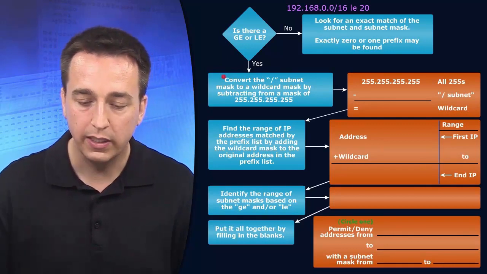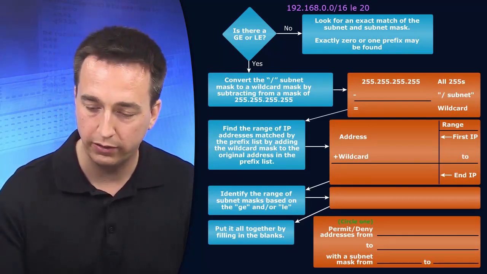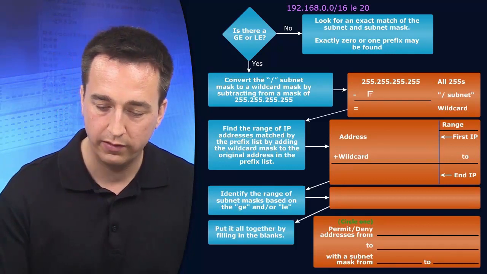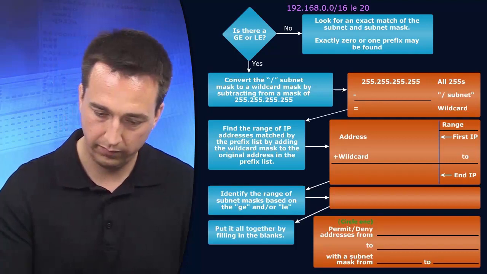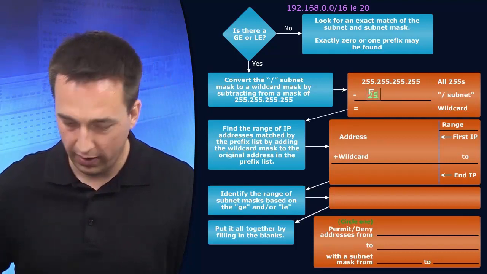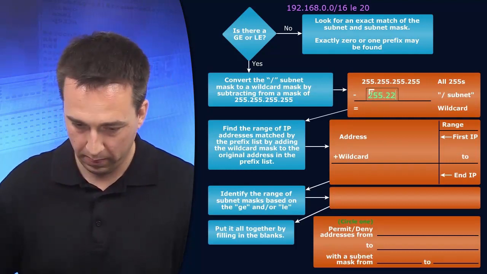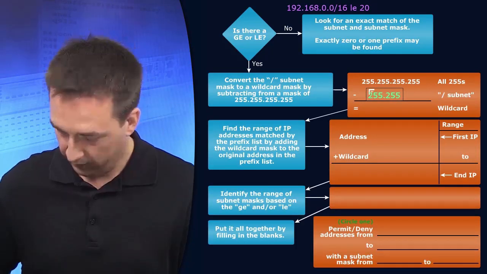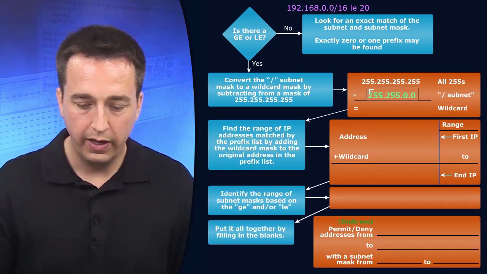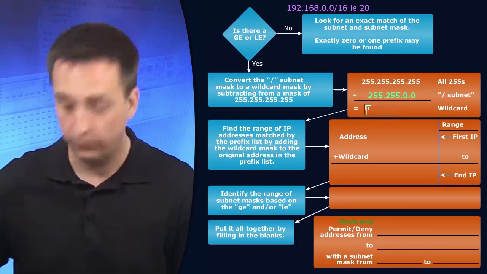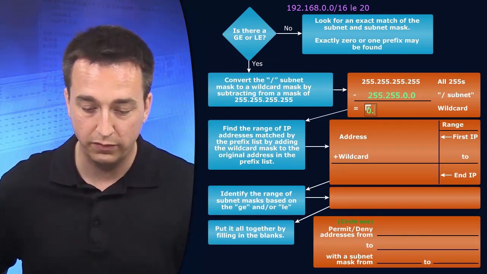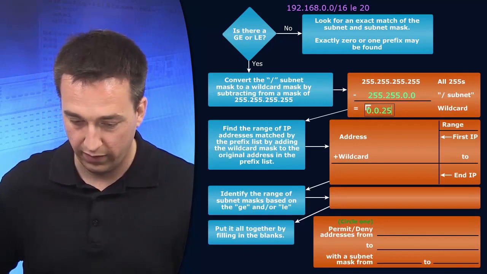So what is the subnet mask in this particular case? The subnet mask is 255.255.0.0. And when we subtract that now, what's our result? 255 minus 255 is 0. 255 minus 255 is 0. 255 minus 0 is 255.